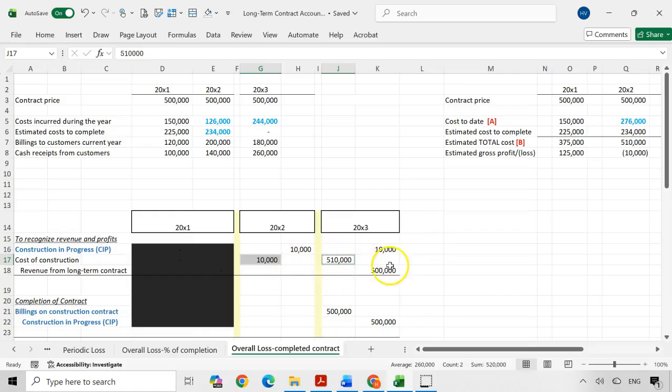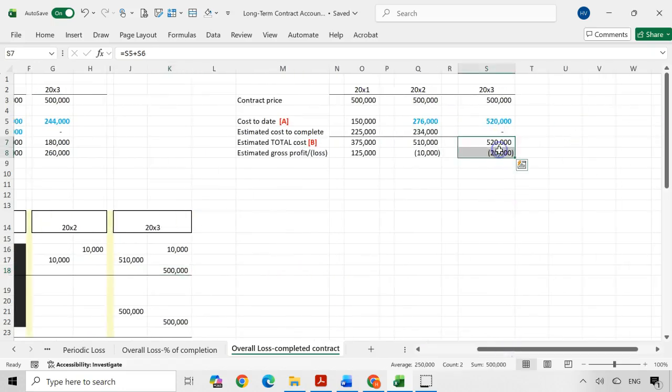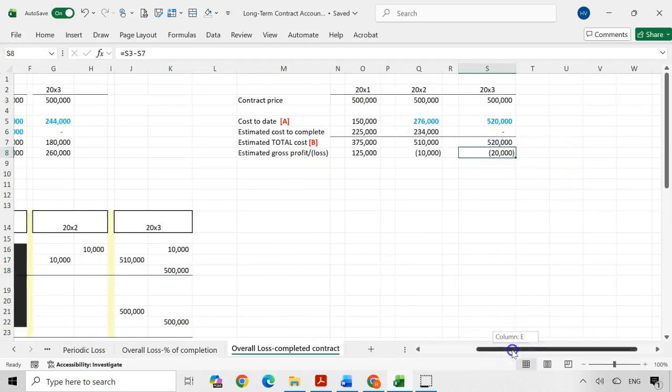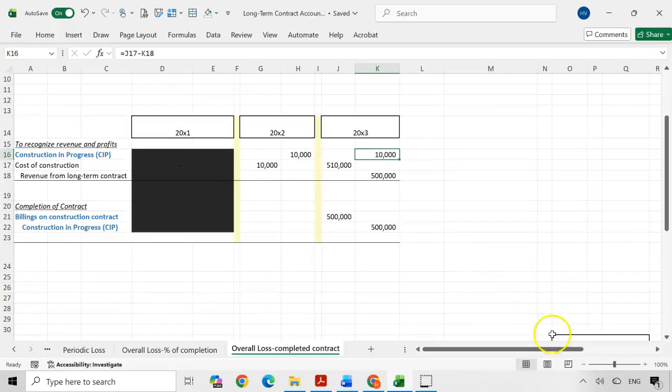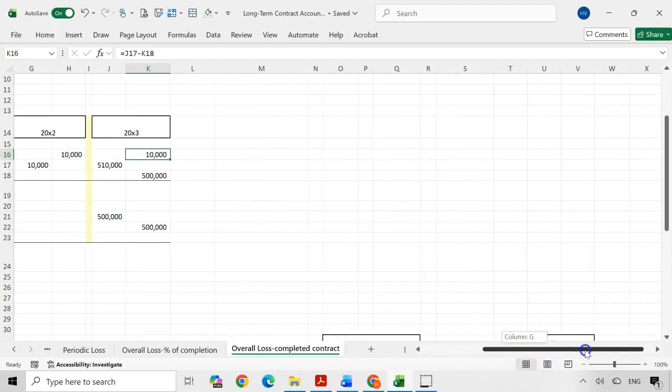So now I've overall for this project booked $520,000 of costs and $500,000 of revenue, which gives me an overall loss of the $20,000, which is what it should be. And then to make this journal entry balance for year 3, I have to credit my construction in progress account. Let's go down to our T accounts.